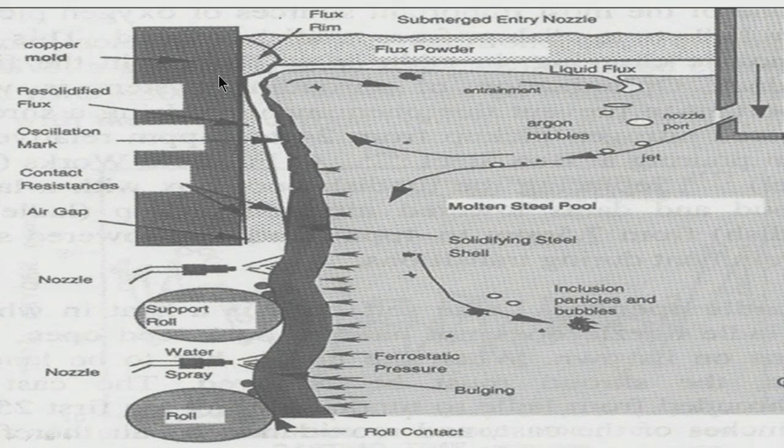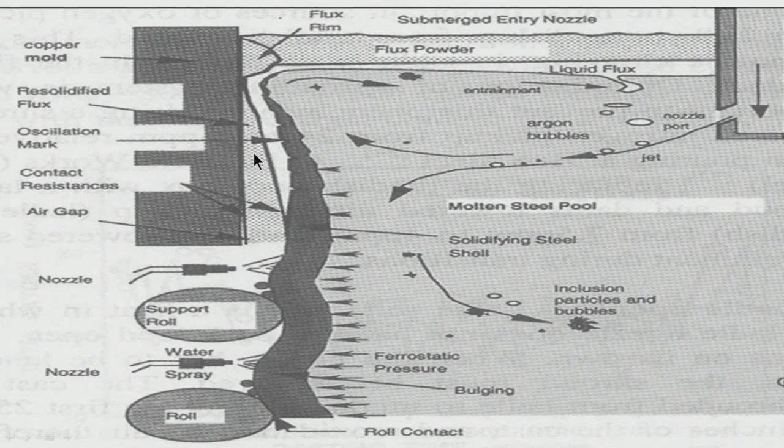All of you are aware that the casting mold is not stationary, it is getting movement like this. There is a vertical movement, top and bottom, it is moving. Otherwise there is a possibility of sticking of the shell. This is the solid shell which is forming during solidification. It might get stuck. So, why does it not get stuck?